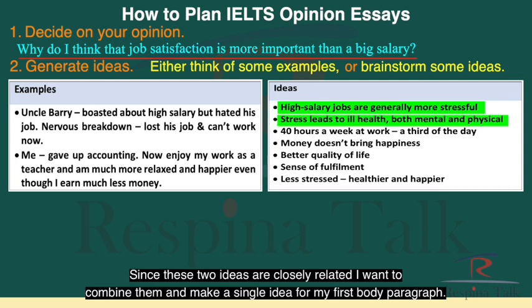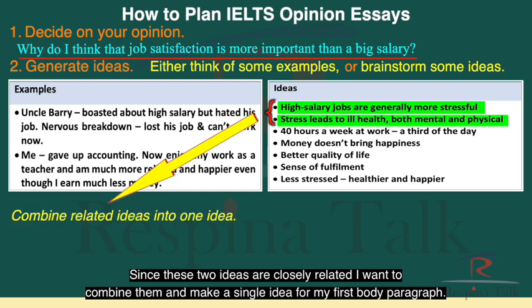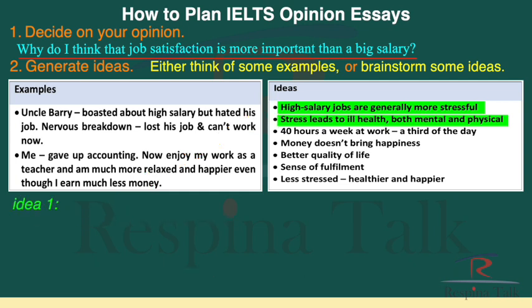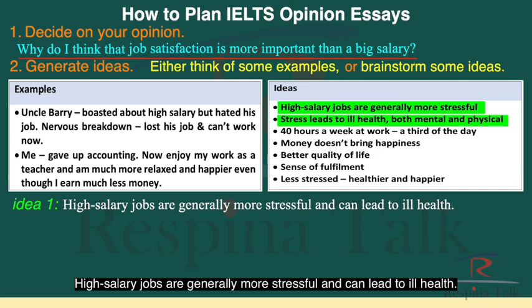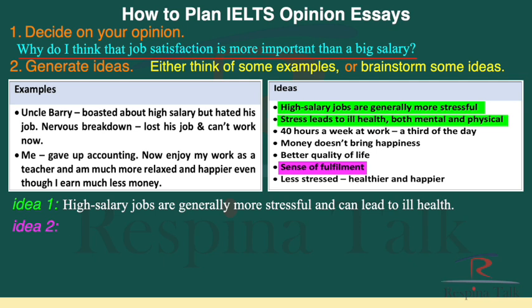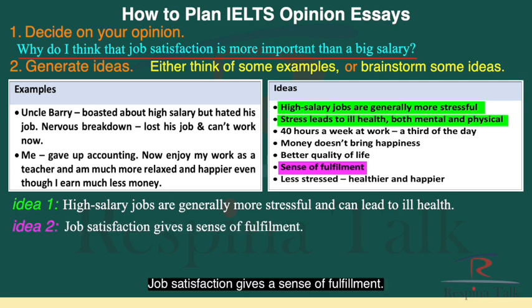Since these two ideas are closely related, I want to combine them and make a single idea for my first body paragraph. So idea one would be, high salary jobs are generally more stressful and can lead to ill health. And I want to choose this one as my second idea. So my second idea is, job satisfaction gives a sense of fulfillment.